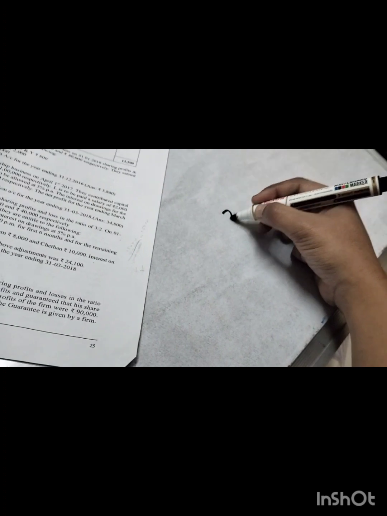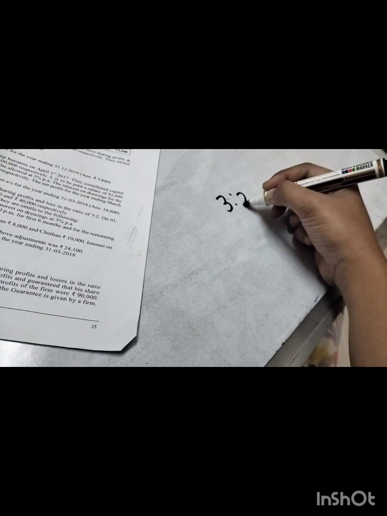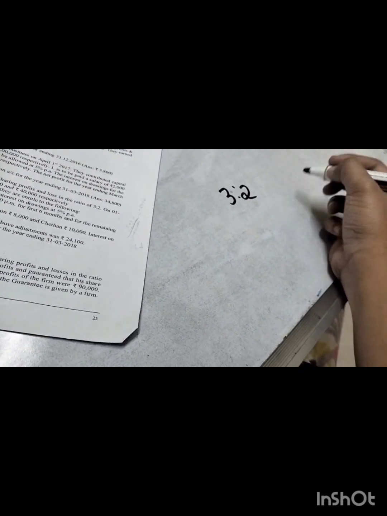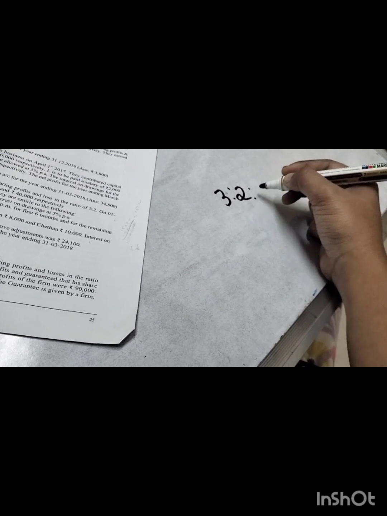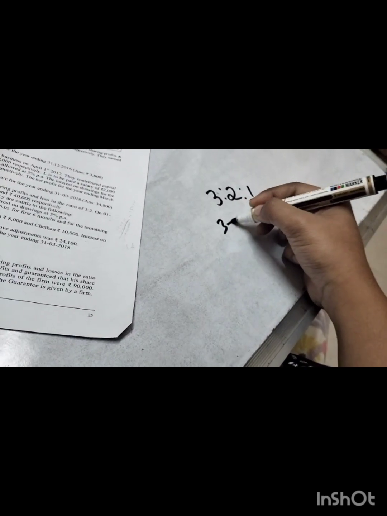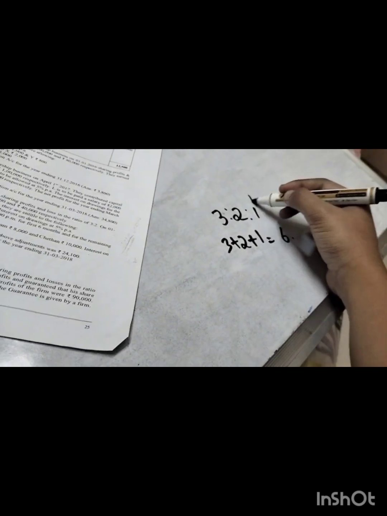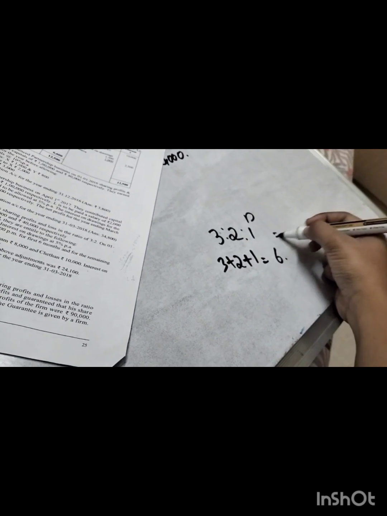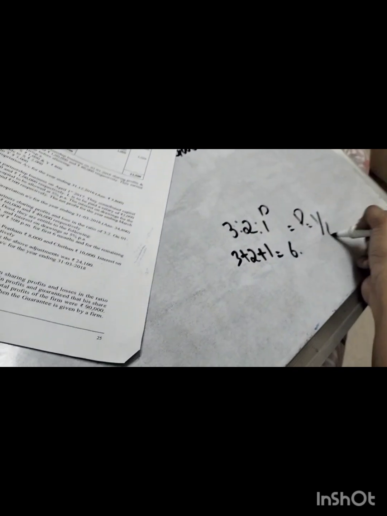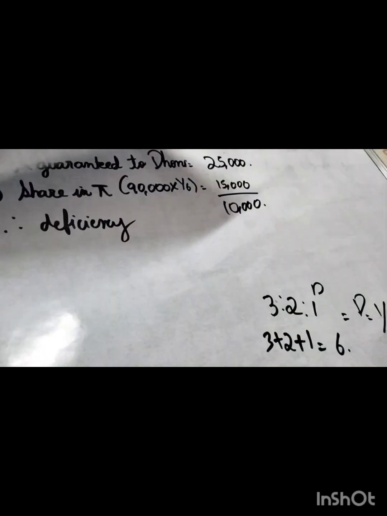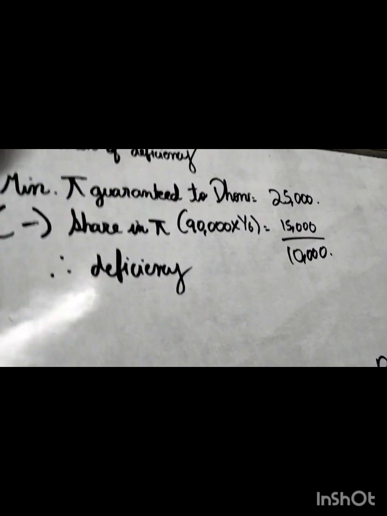Before they admit Dhoni, the ratio was 3:2. After they admit Dhoni, it's going to be 3:2:1. So 3 plus 2 plus 1 is nothing but 6. So that's nothing but 1 by 6, because this is Dhoni's share. So you do 90,000 into 1 by 6. That's how you get 15,000.